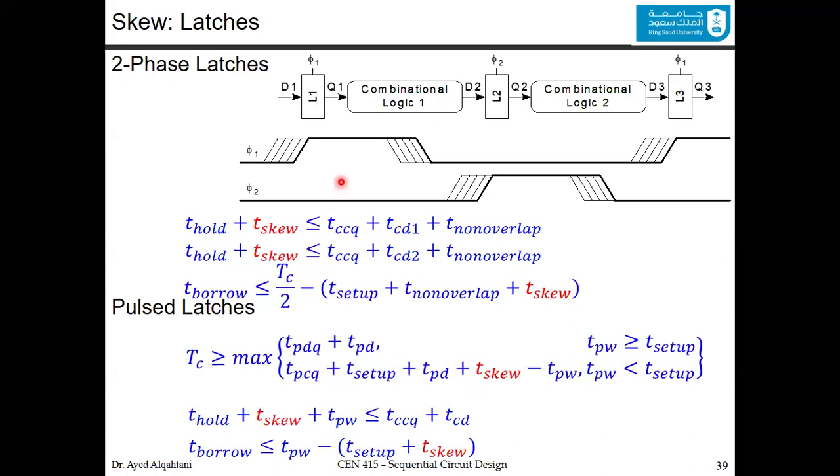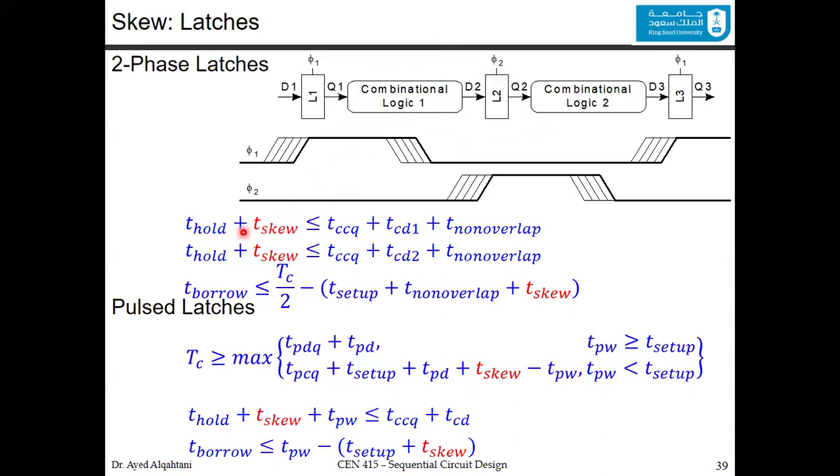In the cycle time constraint for the two-phase latches, there is no effect related to the skew because you have two different clocks. They are absolutely two different clocks, so you're not worried about one of them being late and the other being on time.